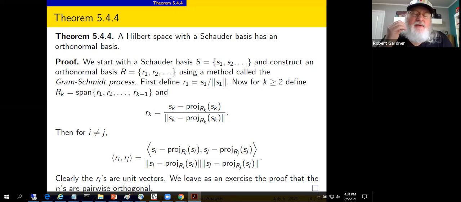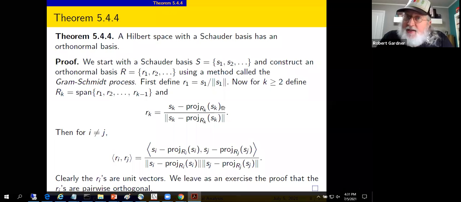Think in terms of magnitudes and directions. R1 contains the direction of S1. R2 takes S2, subtracts away the component of it that might be in the direction of S1, and then normalizes that. R3 is based on taking S3, subtracting off the projection of S3 on the span of S1 and S2.